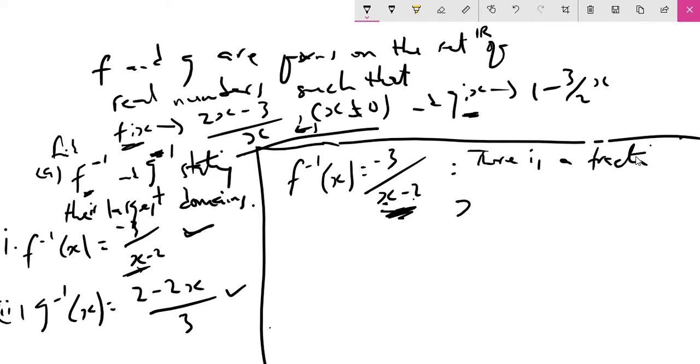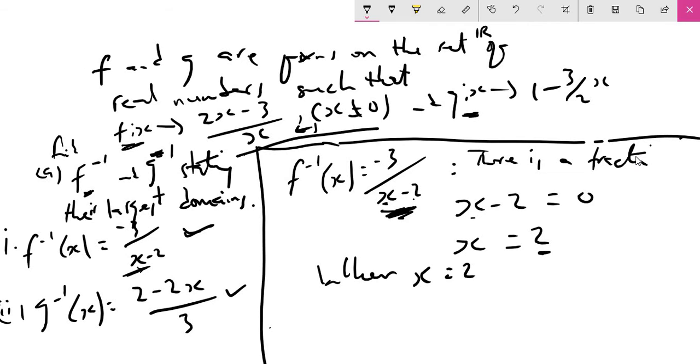Well, we can just find that out. x minus 2 equal to 0. When we make x the subject, we get x is equal to 2. So that means when x equals 2, the denominator equals 0. And that's the only situation that can make the expression undefined, because there's no square root and there's no other fraction.